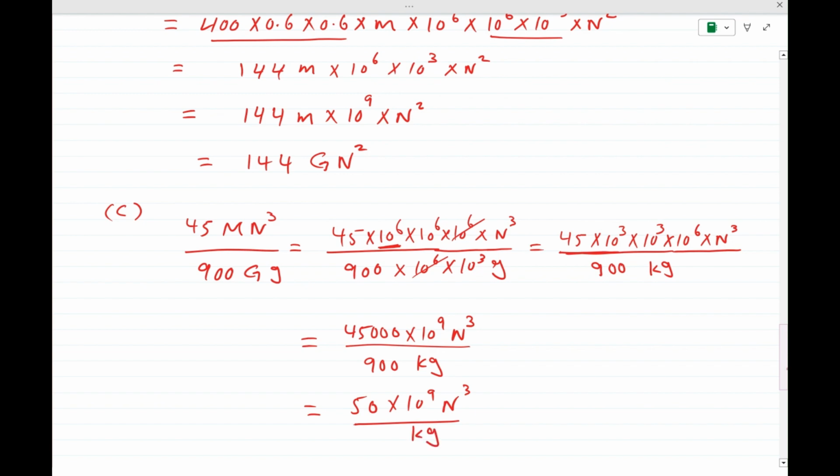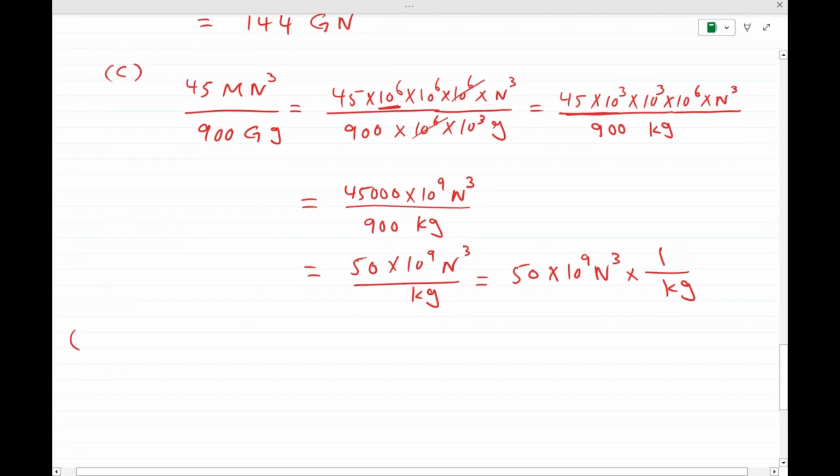This can further be written as 50 times 10 to the power 9 newton cubed times 1 over kilogram.